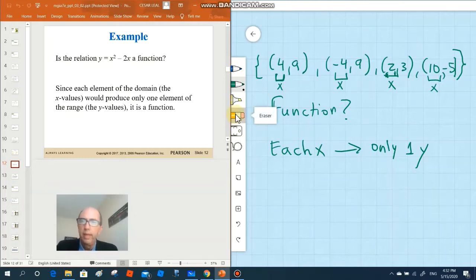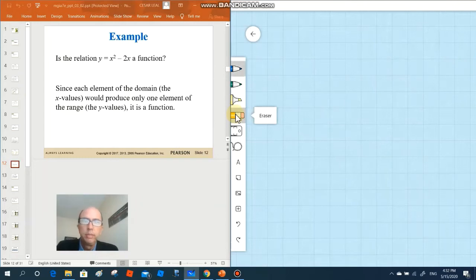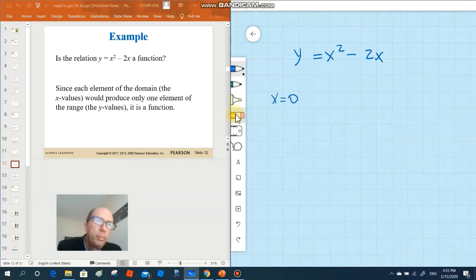Example, is this relation a function? The relation is y equals x squared minus 2x. How do we know if it is a function or not? Basically, if you have, for instance, x equals 0, you plug in 0 here, you're going to have y equals 0 minus 2 times 0, which is 0.